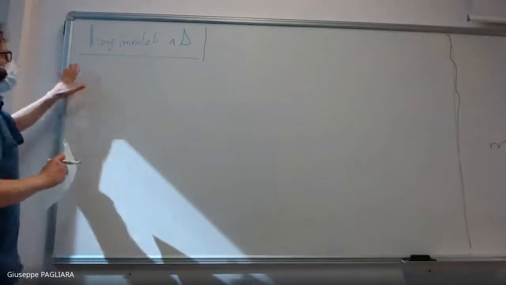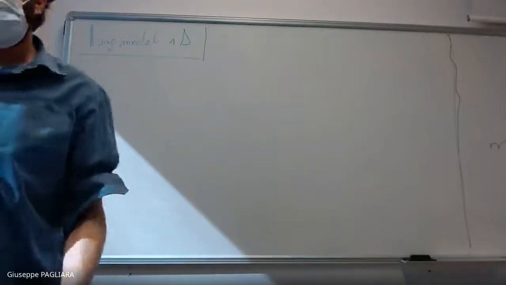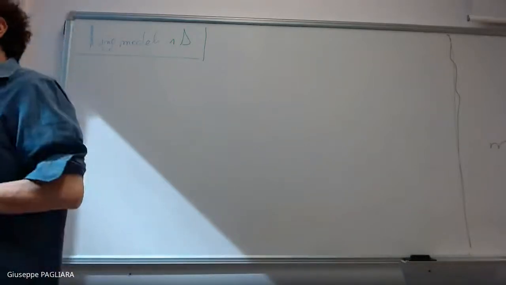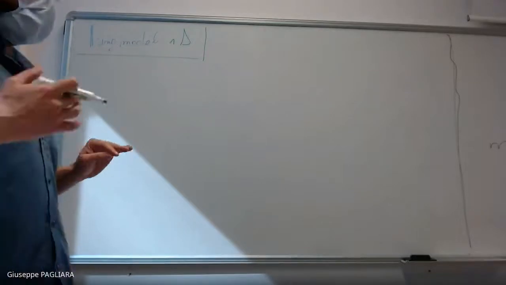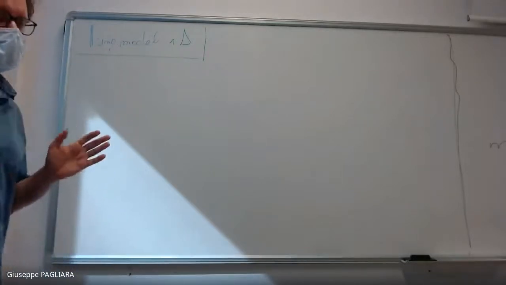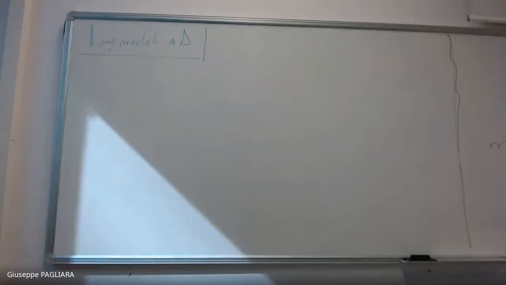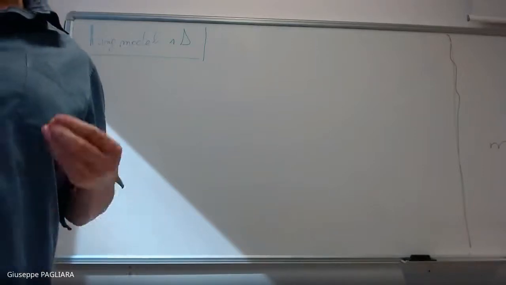Okay, so the model basically, with respect to what we have done until now, introduces something new. Well, we have localized particles that we can think about as having a magnetic moment, which can interact with an external field, but which can also interact among themselves. So this is important: we are introducing interactions.